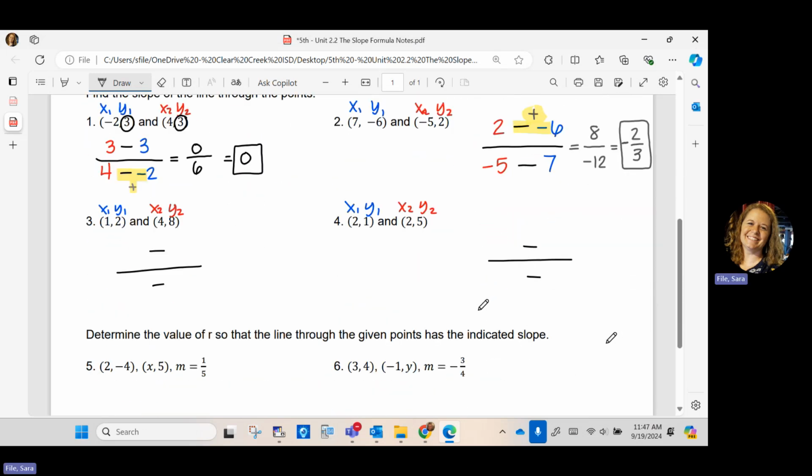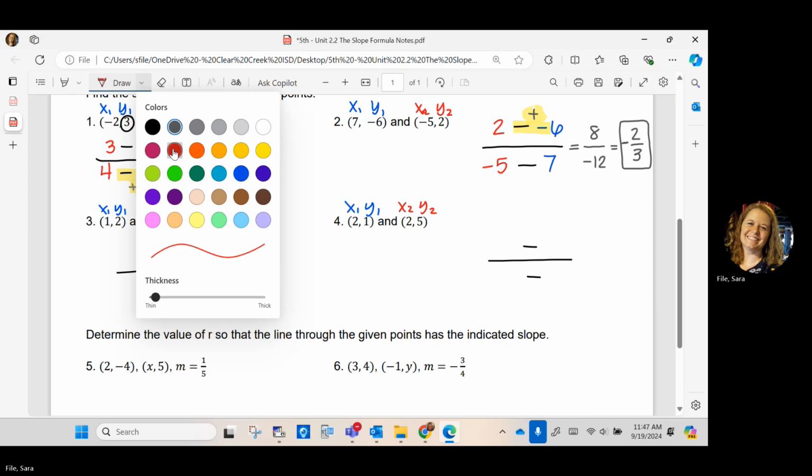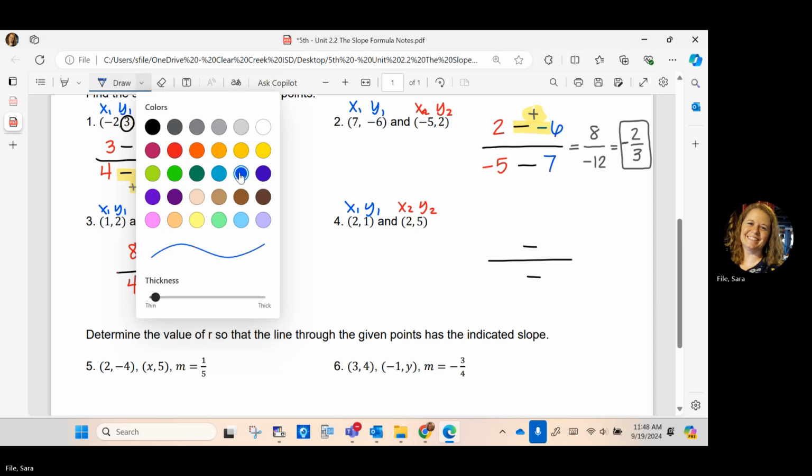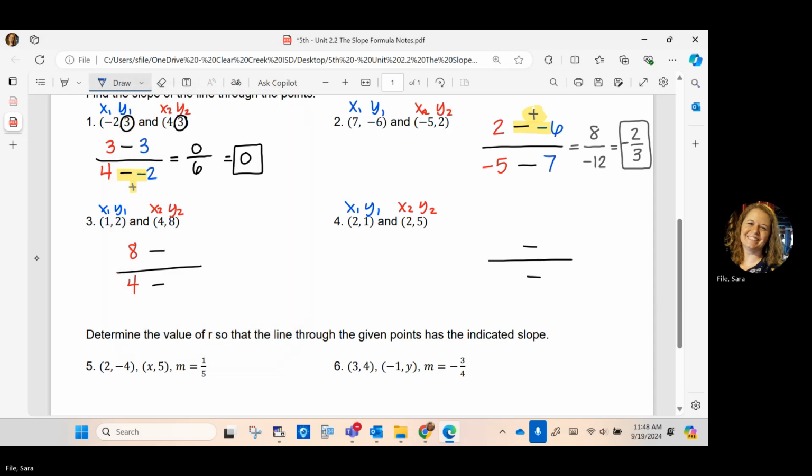Okay, so now we're going to plug in here. So my x1, the ones go over here, the twos go over here. So 8 and 4. It's 2 and 1.